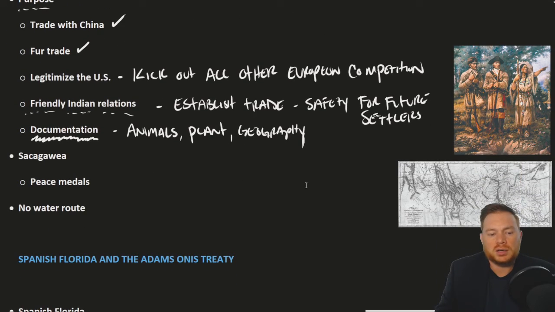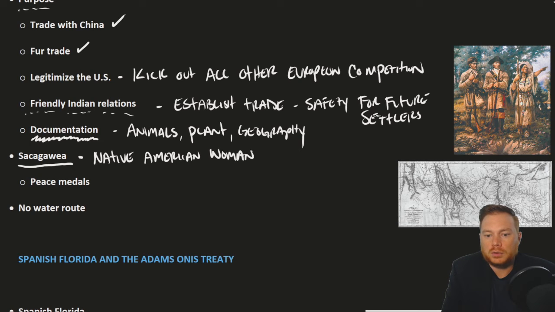Along the way, Lewis and Clark were assisted by Sacagawea, a Native American woman, wife of a French fur trader. So we might say of Sacagawea, a Native American woman who helped Lewis and Clark.